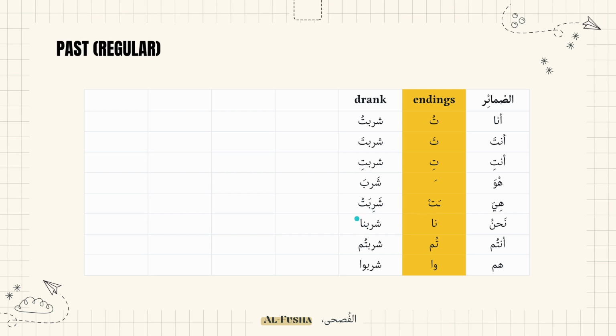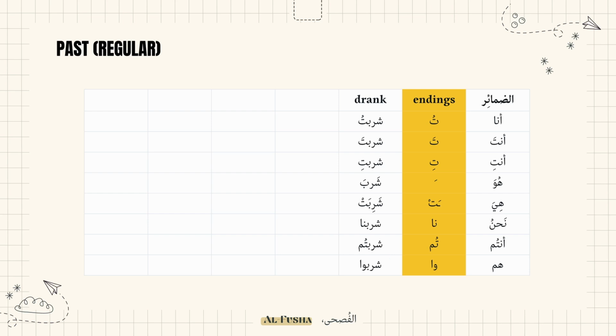You add na in the end for نحن. أنتم شربتم. هم شربوا. For hum, you add waw and alif, but the alif is not sounded. We just put it to support the waw. We don't pronounce it really. We just pronounce the waw. We say hum sharibu. Right?